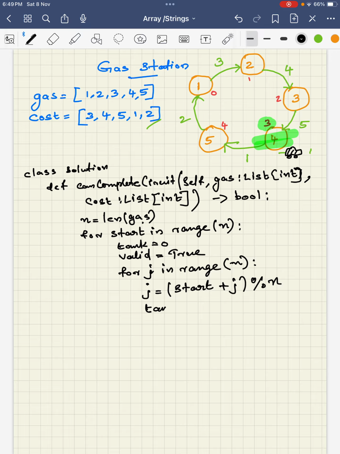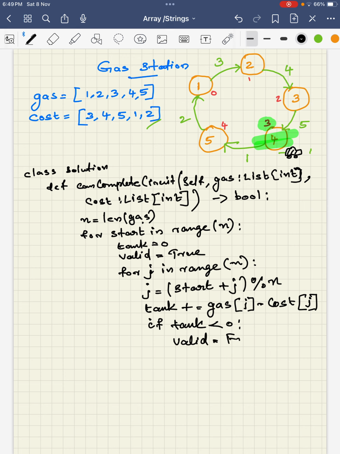Then we are going to evaluate the tank capacity at that particular point. That would be gas of j, what the gas station provides, minus the cost required to travel. And if at any point the tank is exhausted, that is less than 0, just update valid to false and break.